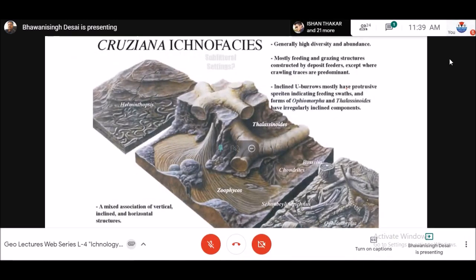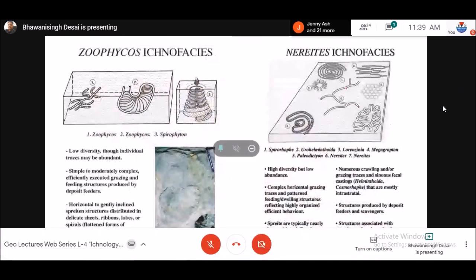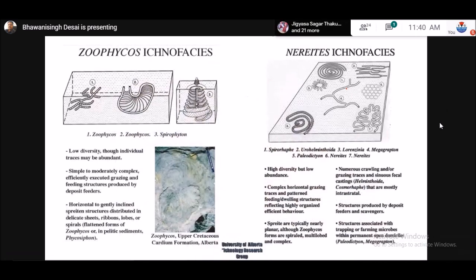So this is a kind of mixed environment. This happens in the sublittoral, below your wave base or around your wave base. This is very common. Then we have the Zoophycos ichnofacies, very famous. Zoophycos occurs in a very quiet environment where the sedimentation rate is very low.